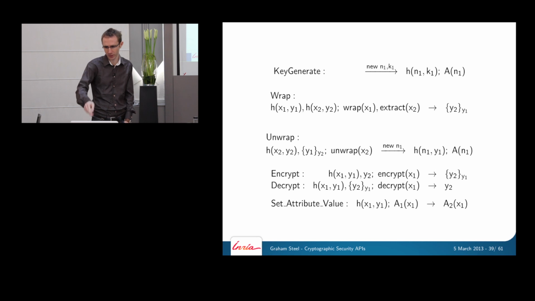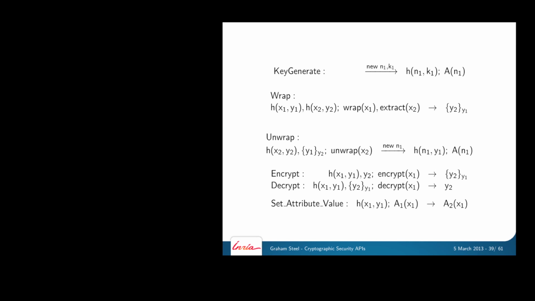And we're going to use this predicate A, which is essentially going to be a macro that contains all of the sets of allowable attribute combinations which I can use in either the generate or the unwrap command, okay? And then in the set attribute value command, I'm allowed to transition from any set A1 of attributes to any set A2 of attributes.